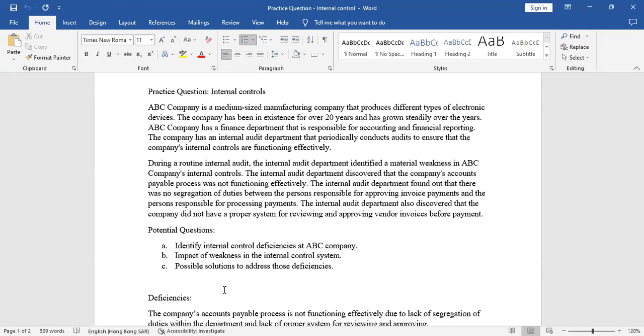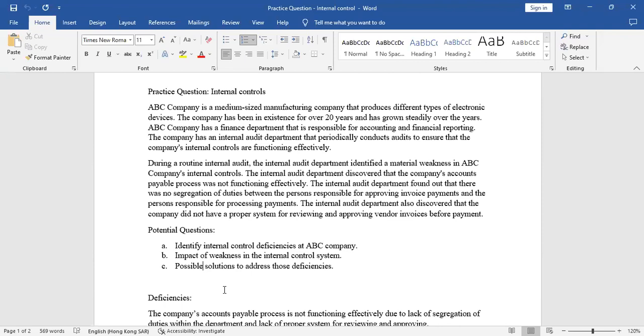So you need to understand that the company has an internal audit department which checks on internal controls, and a separate accounting department which does the accounts. Sometimes, if it's a small company, the accounting department might itself also do the internal controls, but they have a separate function here, maybe because the company is 20 years old.